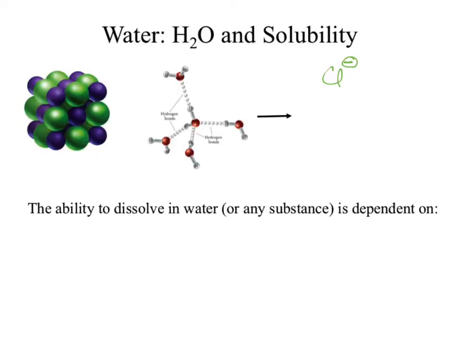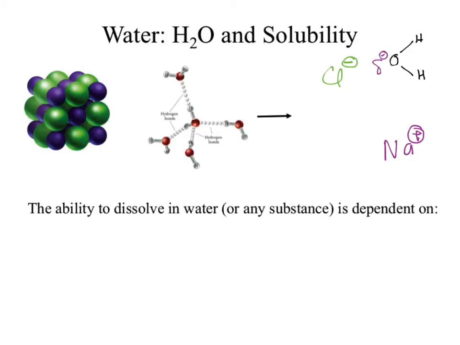The sodium ions are what charge? For those to dissolve in water, the water molecules must interact with those individual ions. Which part of the water molecule is going to interact with the chloride? The oxygen or the hydrogen? The oxygen, okay. What charge was the oxygen?